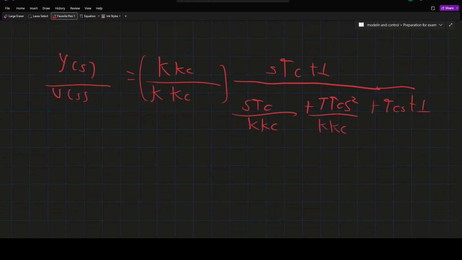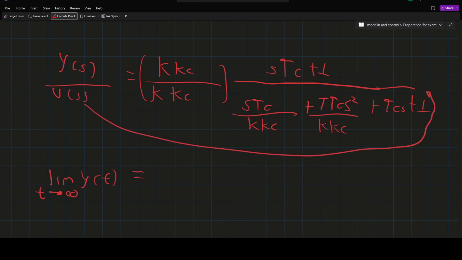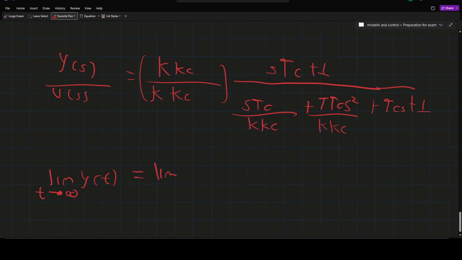And what's gonna happen when we take the limit of y(t) as t approaches infinity? Remember, I'm just skipping the step of multiplying this by U(s), which is 1 over s, and then saying that this is the limit as s approaches 0 of G(s) multiplied by s. I skip this step because when we multiply 1 over s by s, they just cancel.